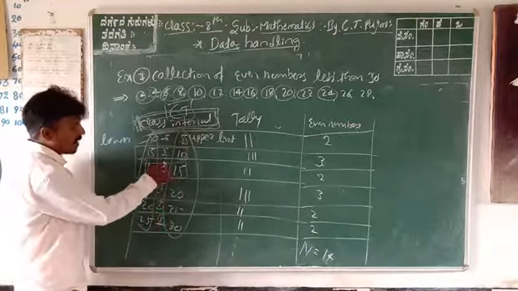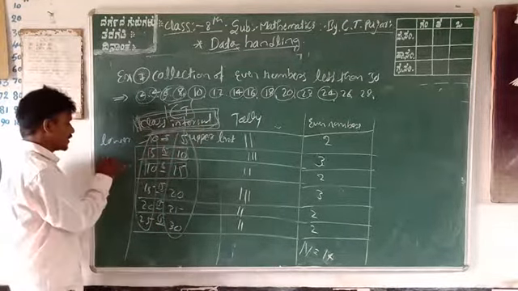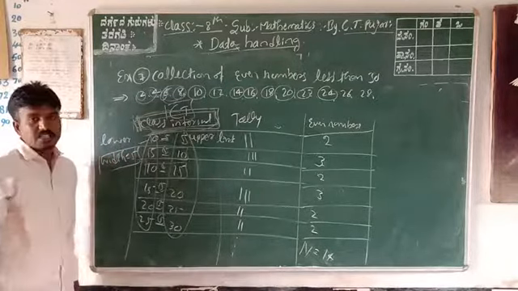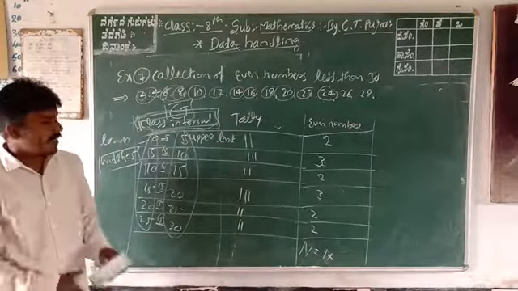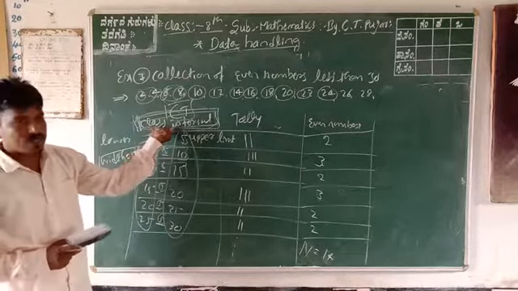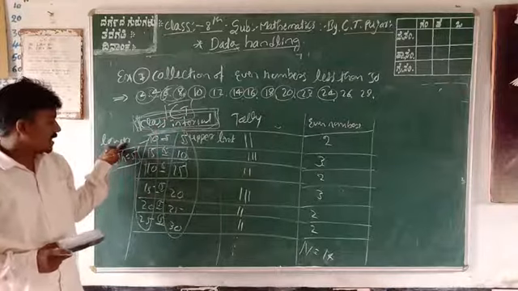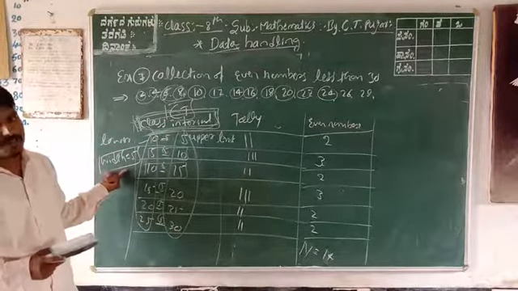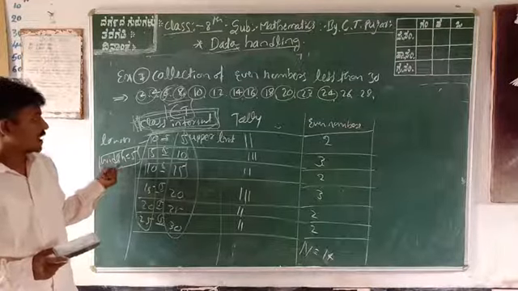These are all 5, and this difference is the width. The width of the class interval is 5. Therefore, in the frequency distribution table, you learn about class intervals, lower limit, upper limit, and also the class width.